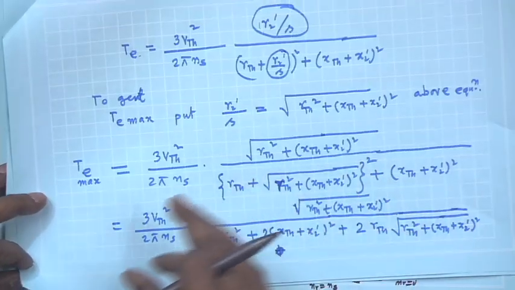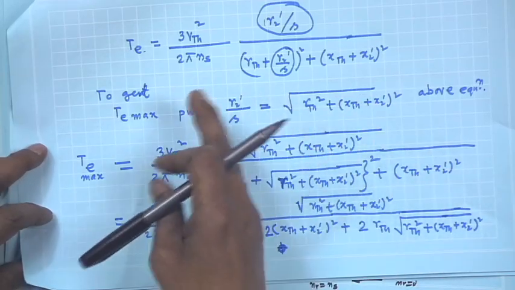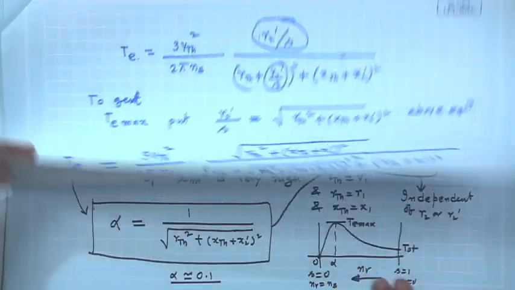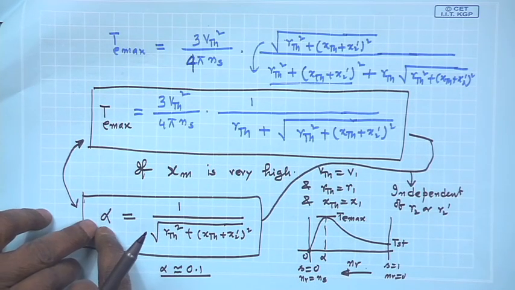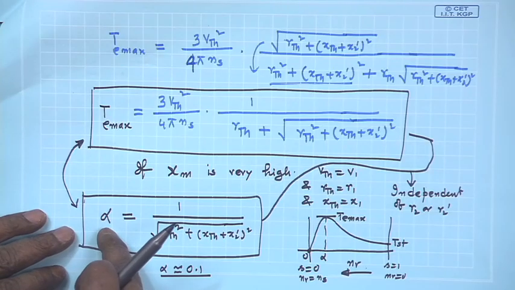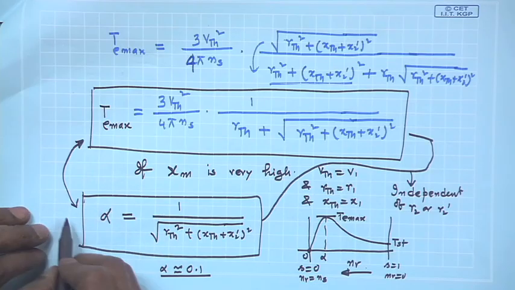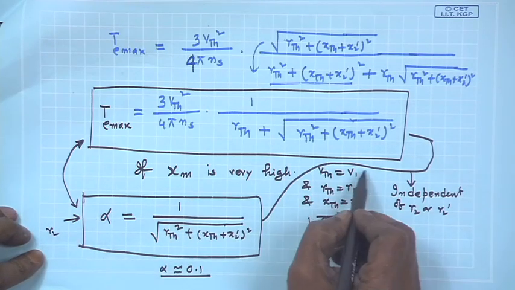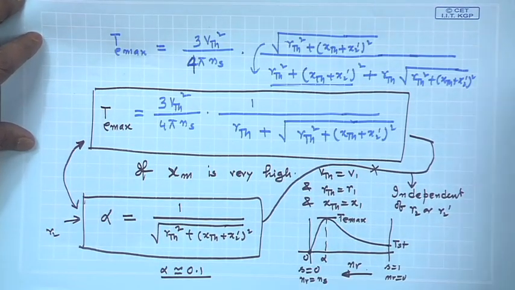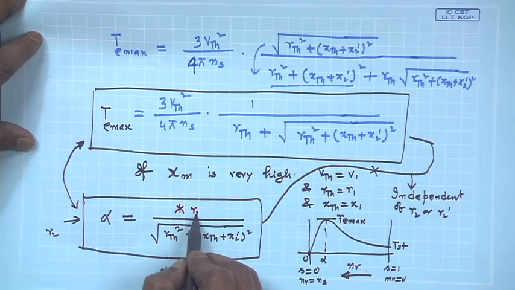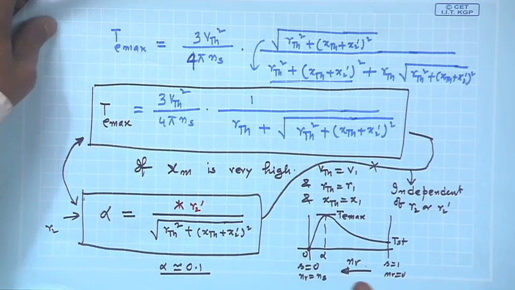Suppose I want T max to appear at a certain value of alpha, then you can put that alpha equal to 1, and from this expression you will be able to calculate it. Sorry, I made a mistake here, it was R2 dash. So, this R2 dash should be R2 dash plus R2 external, and get the values of that.